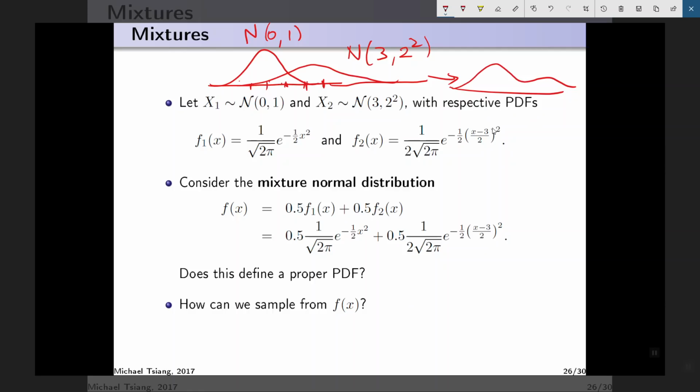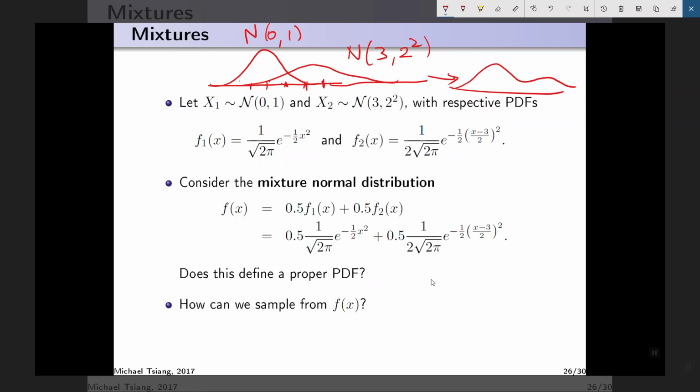So here we're looking at a mixture of distributions, and we're going to say that each mixture occurs with equal probability. How can we draw a sample from this mixture? Basically just use the definition of the mixture. You sample two variables. One, you use a uniform to decide which mixture the variable is coming from.